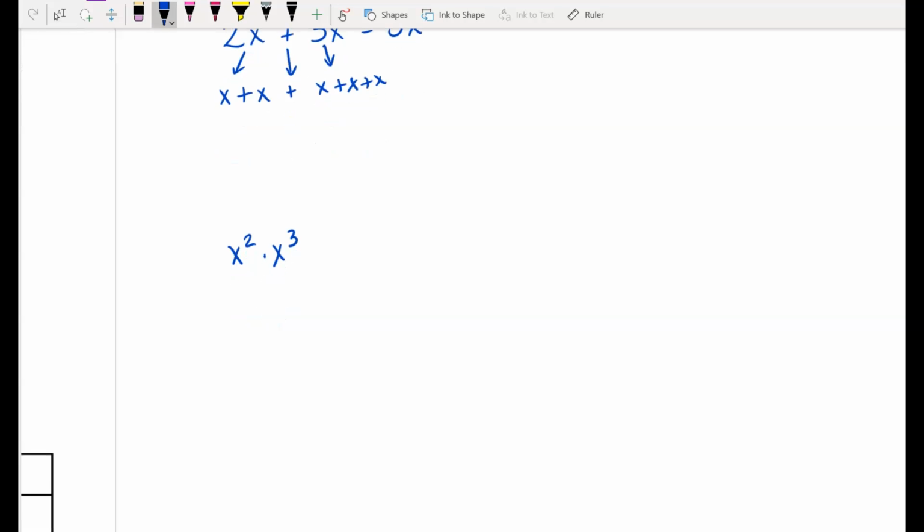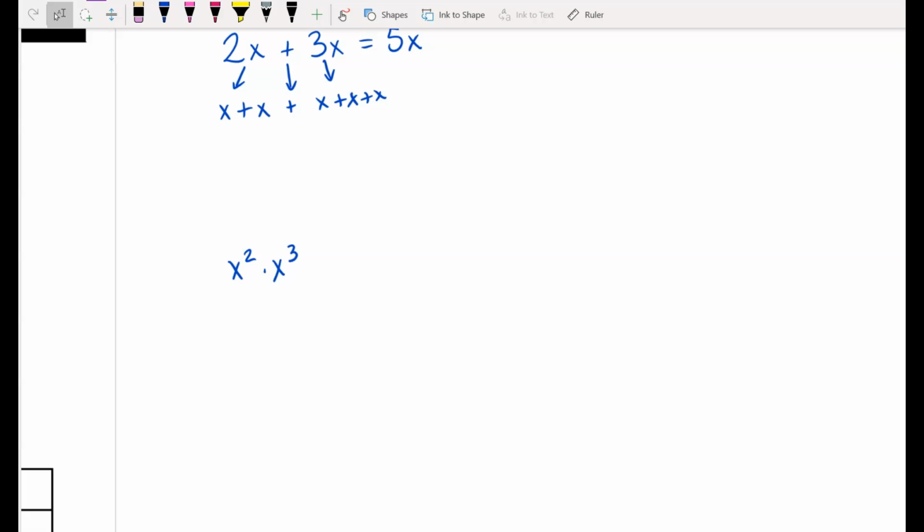Now when I have exponents, exponents indicate repeated multiplication. So if I have x squared, then that's x times x. And if I have x raised to the third power, then that's 3 factors of x, like this. If I multiply those two groups together, then you can see that I have 5 factors of x, which I can write as a shortcut x to the 5th.